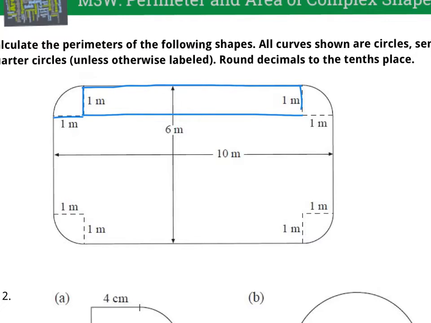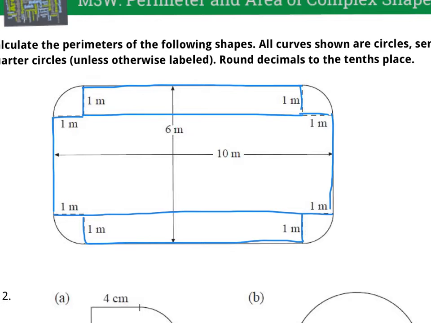I'm going to think about the main part of this figure as being one big rectangle. And then there's another short, skinny rectangle down at the bottom. And this one is going to be the same as the one up at the top. So I'm going to work on these one at a time.